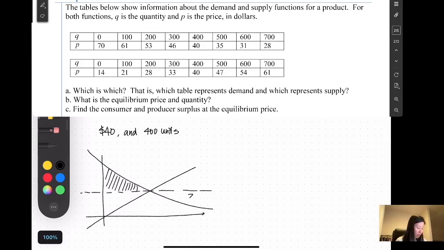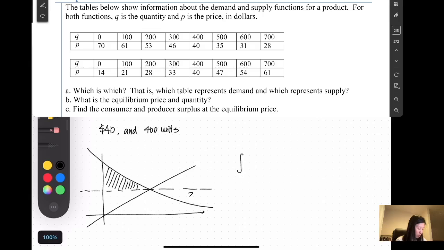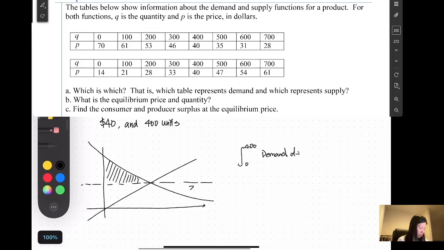So I want the integral from 0 to 400 of the demand function, minus the equilibrium price, which is y equals 14. So I want to subtract 14 times Q.